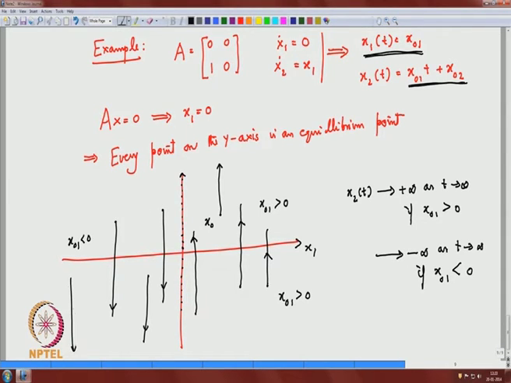Anything where it starts does not matter, any point you start it will move like that. And these are all equilibrium points. Also on the y axis, if you start, it will remain there because every point is an equilibrium point, and on the right side if you start, it is going to infinity along that line. So this is the phase portrait of this system.